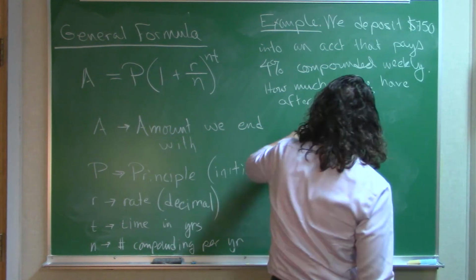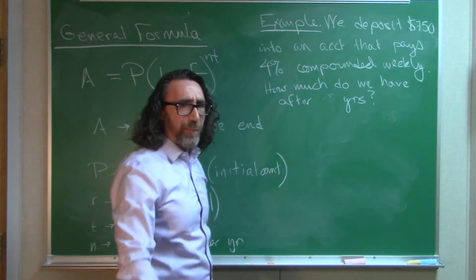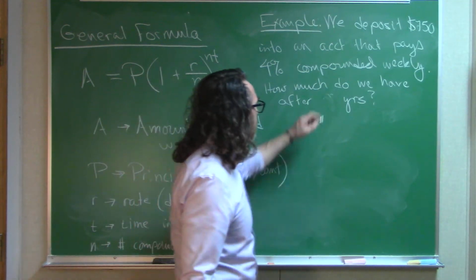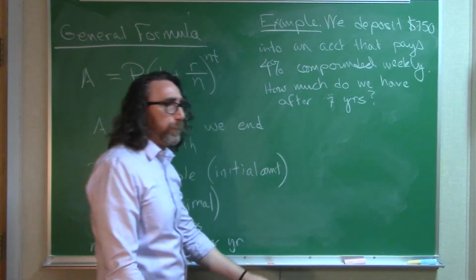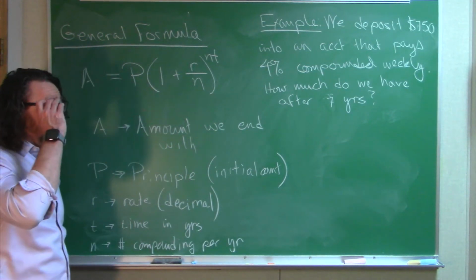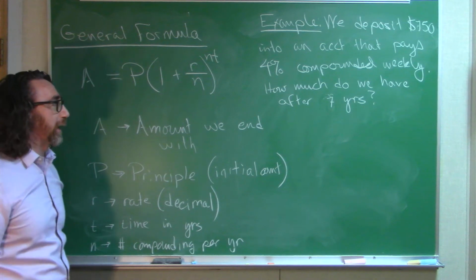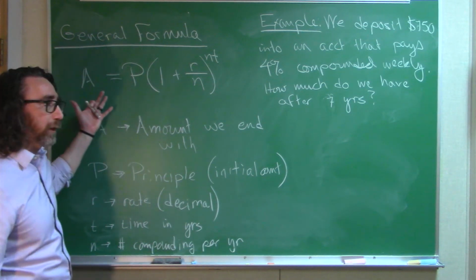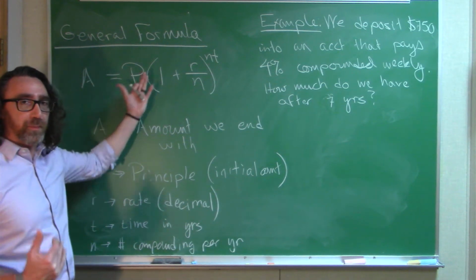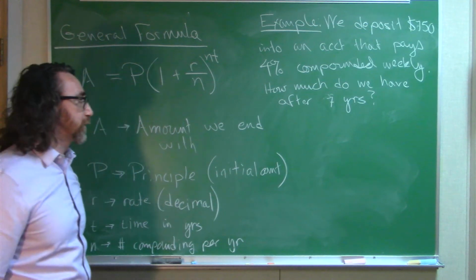How much do we have after, last time I asked about 5 years, let's make it 7 years. Okay, so 4% interest compounded weekly. How much do we have after 7 years? All right, we just follow this scheme. We fill in the appropriate numbers in the right spots.